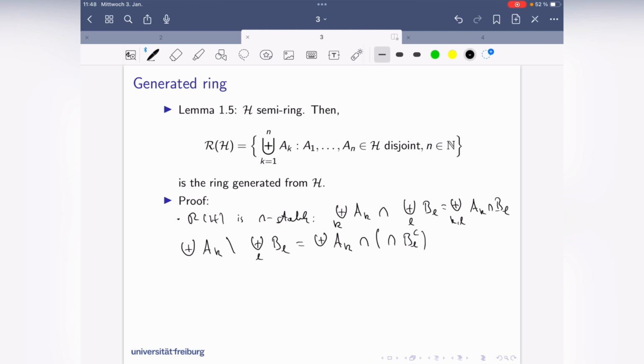Which means I can just use some usual transformation, the A_K without B_L over K and L. And A_K without B_L can be written as a disjoint union.